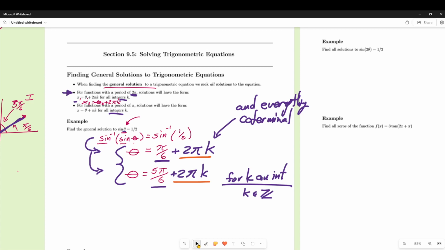When we solve, we get only the answer within our restrictions, and then we have to go out and create the other solution within one rotation and all the coterminals. So it's adding a lot more than just plus or minus, but it's the same idea.